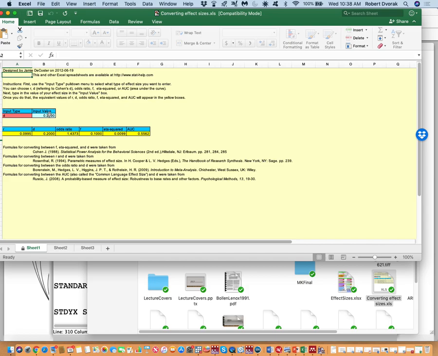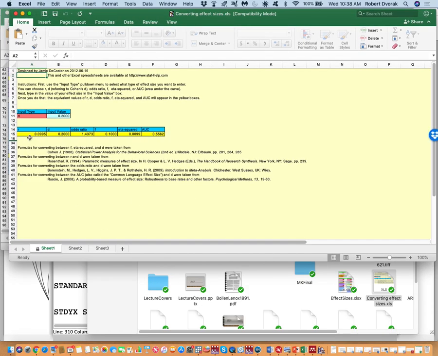You can input a Cohen's d, and it will give you the equivalent effect size in correlation, odds ratio, f, eta squared, and area under the curve. And this is Cohen's f. This is made by Jamie DeCoster. I think it's just such a cool kind of tool. But anyway, I will post that for you guys so that you can have a look at it.